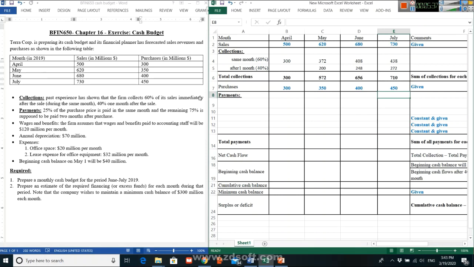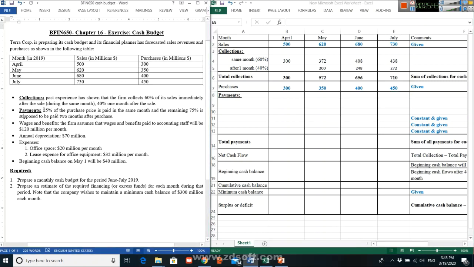Let's see how we will pay for these purchases to our suppliers. Let's read this sentence. 25% of the purchases is paid in the same month, so immediately. So 25% of the 300 will be paid during April, and the remaining 75% is paid 2 months after the purchase, so after 2 months.